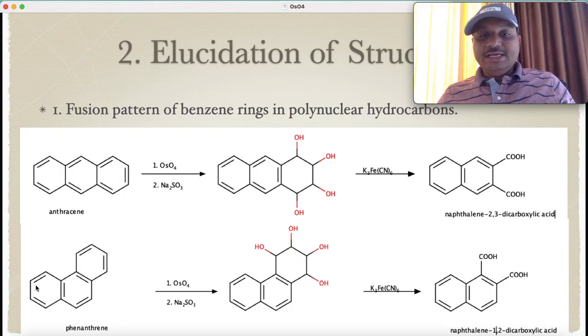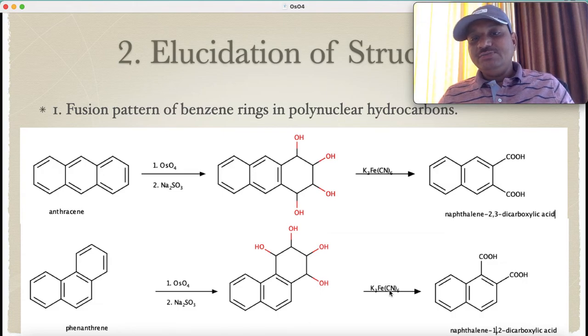In the case of phenanthrene, treatment with osmium tetroxide followed by sodium sulfite gives this product. In the same reaction, there is hydroxylation at this benzene ring, with the addition of 4 hydroxy groups. Followed by treatment with potassium ferrocyanide, we get naphthalene-1,2-dicarboxylic acid.